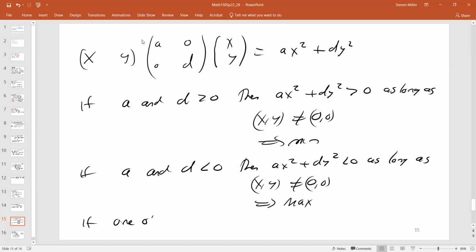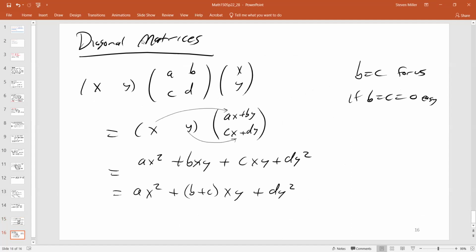If one of a, d is positive and one is negative, it would be a minimum in one direction and a maximum in the other. So what we see is we can actually understand the behavior in the special case when the mixed second derivative of f with respect to x and y is 0.